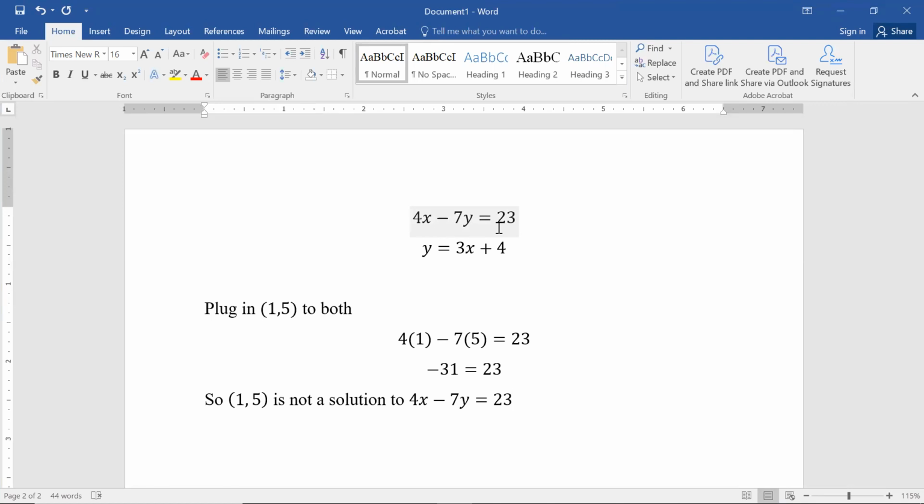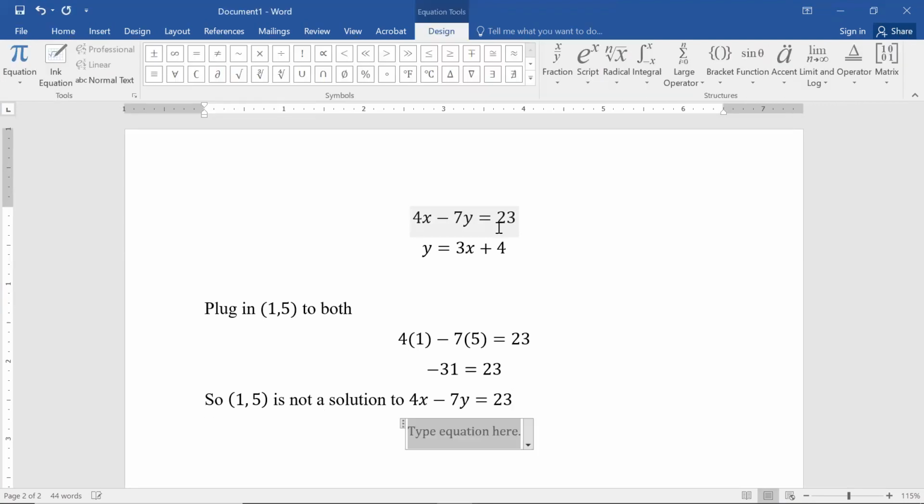So technically right now, I know that it's not a solution to the system. But I'm still going to go ahead and plug it into the other equation as well. So the y equals 3x plus 4.